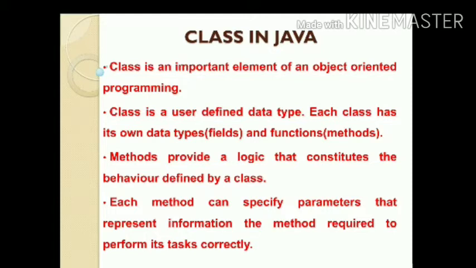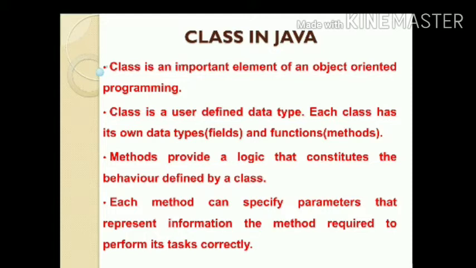First, class in Java. What is a class? A class is an important element of object-oriented programming. It is a user-defined type of data. Each class has its own data types and functions.